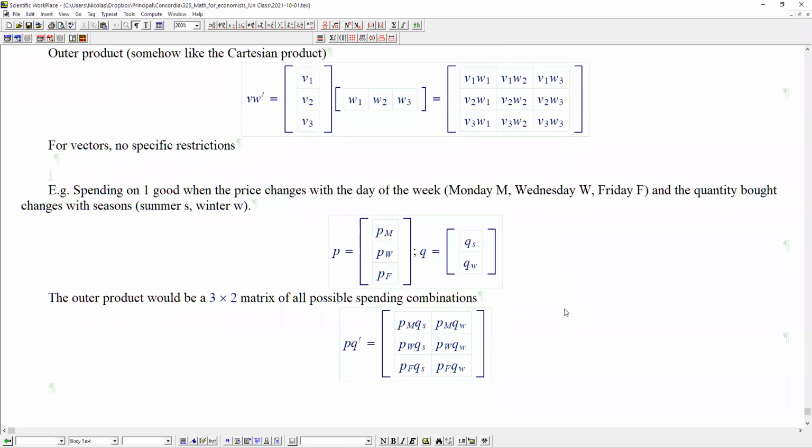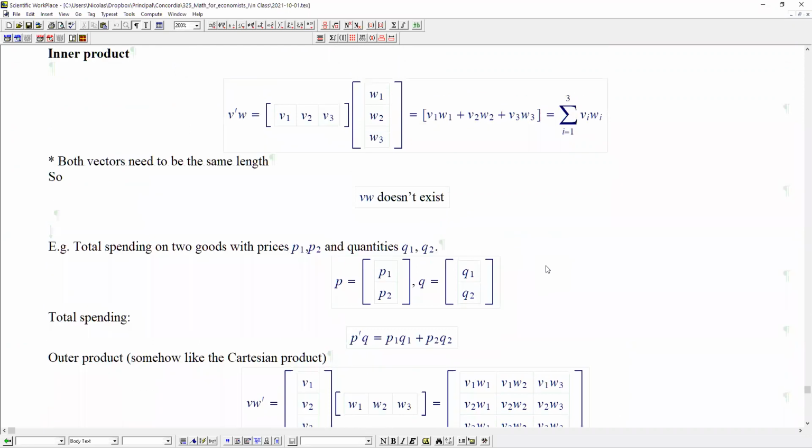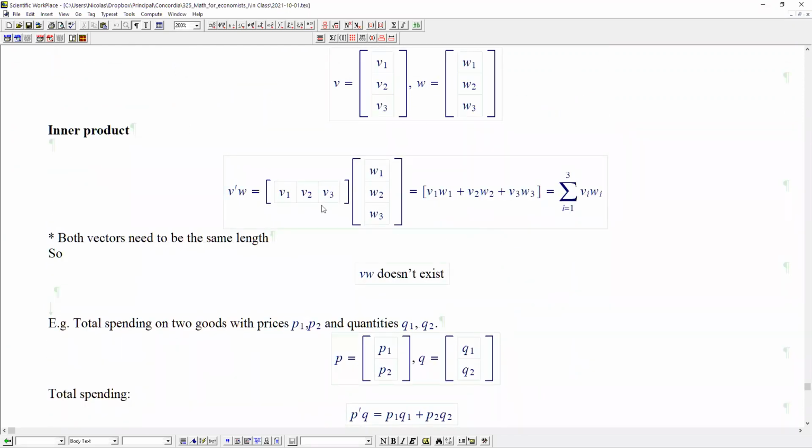Questions about this? I know it's going fast. Sorry, just so I understand. In the first instance, the inner product would be used when there's only one variable inside each of the vectors, it only changes between P1 and P2 once.